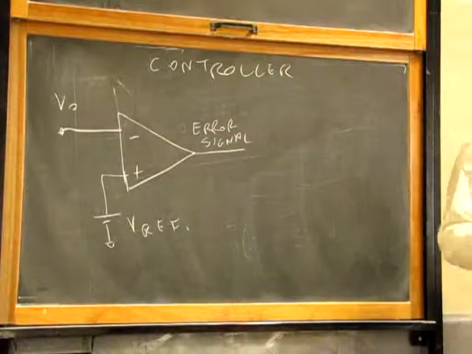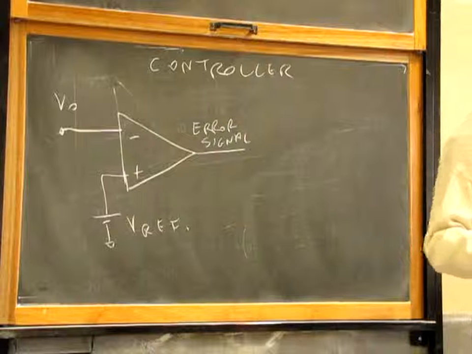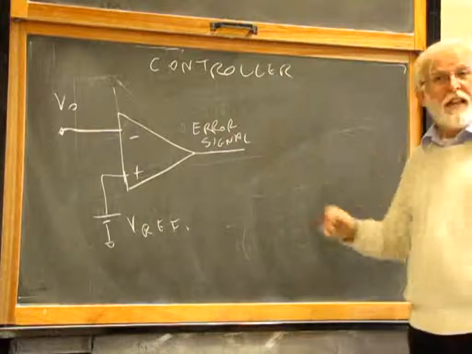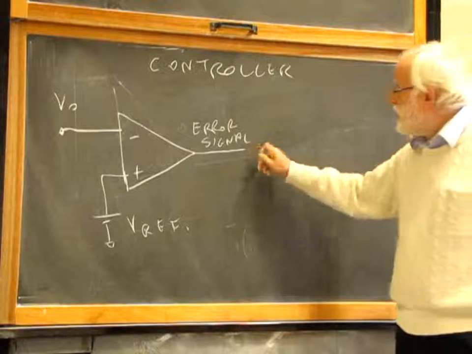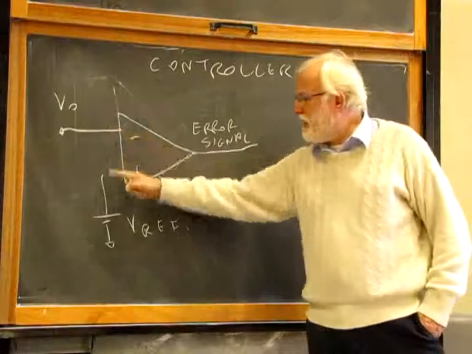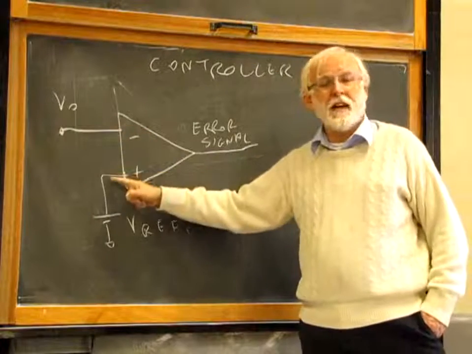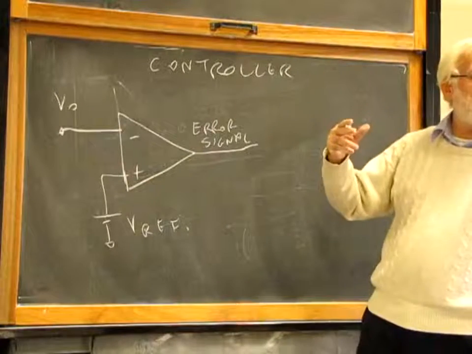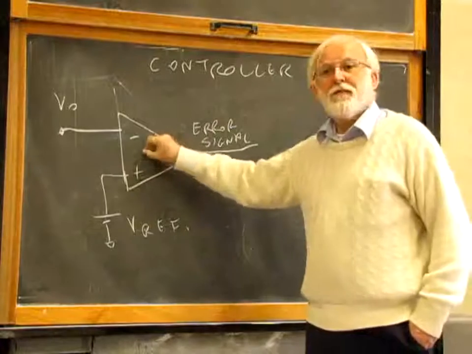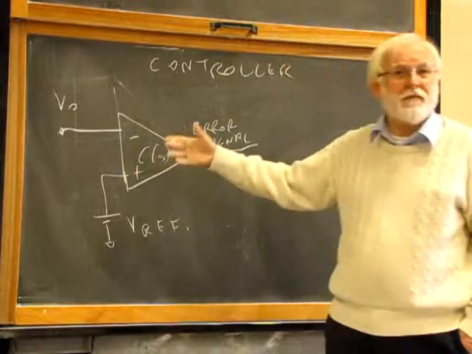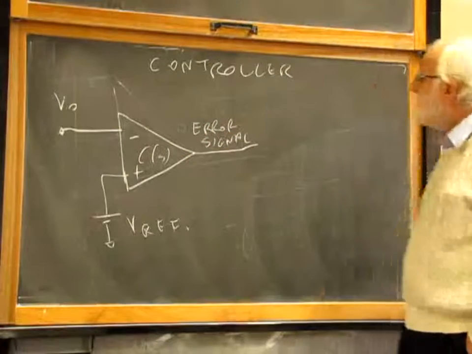That is telling me, oh, you are going too high, your output voltage goes up, decrease the duty cycle, or your output voltage is too low, increase the duty cycle. I have this error signal that is still an analog signal, because you see here we have two time continuous voltages, and I take the difference of these two voltages, and maybe here there is a transfer function, C of s, something like this, we will detail this in a moment.